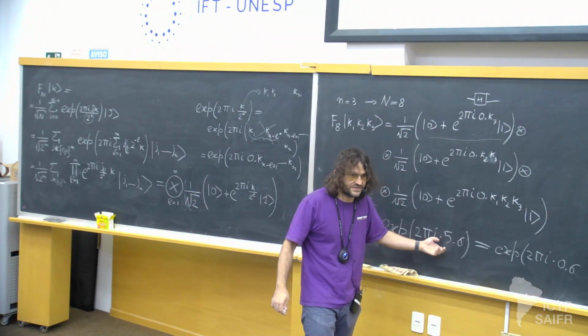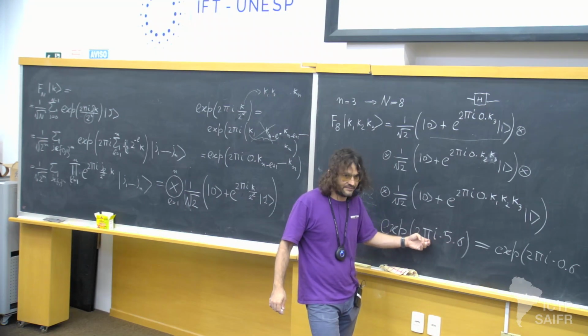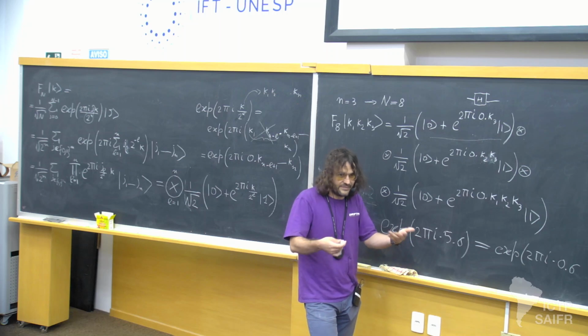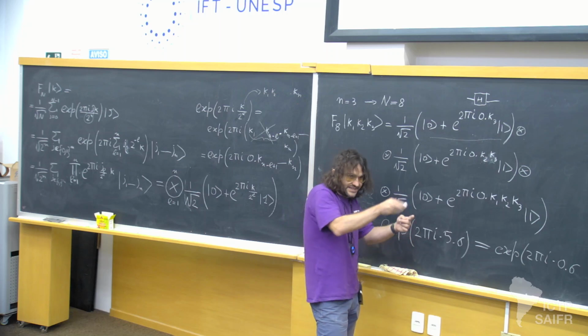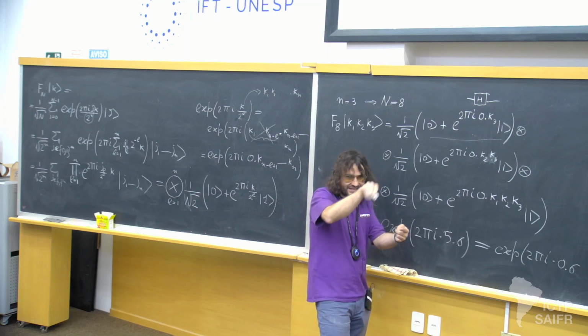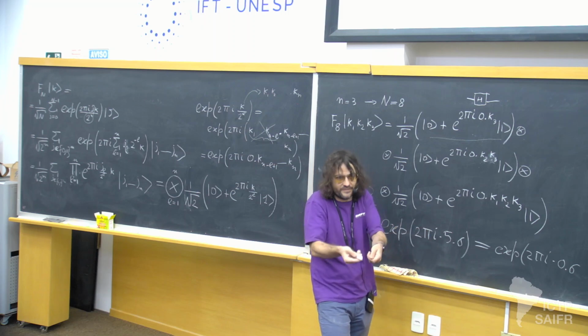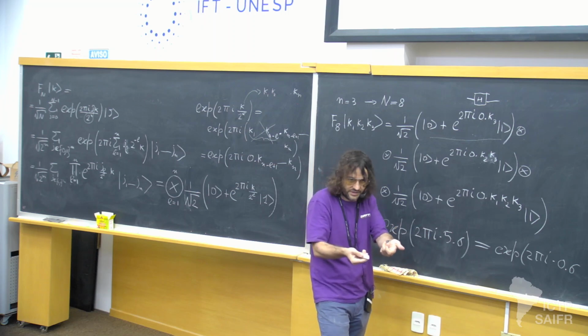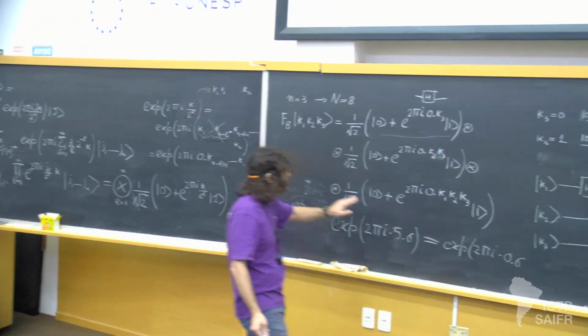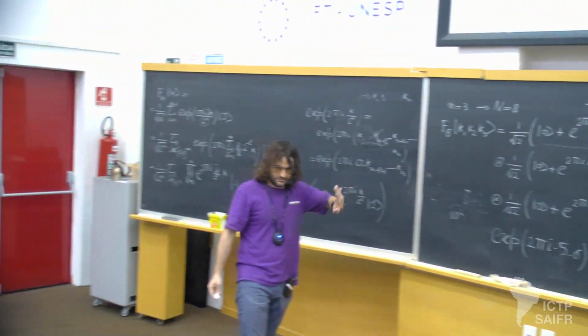Yes, because if you multiply 2 pi i by an integer number of times, you are essentially rotating around the trigonometric circle 5 times, and so you go back to the initial point. Good? Okay, so this is done. So now you're happy?